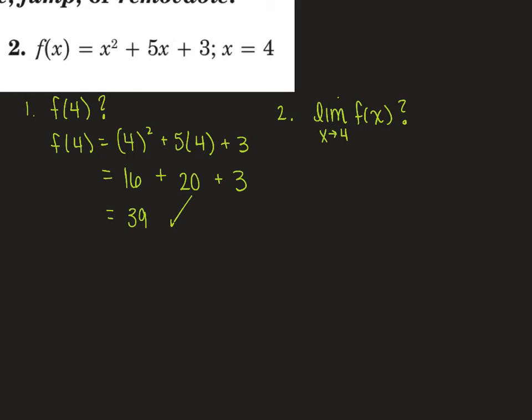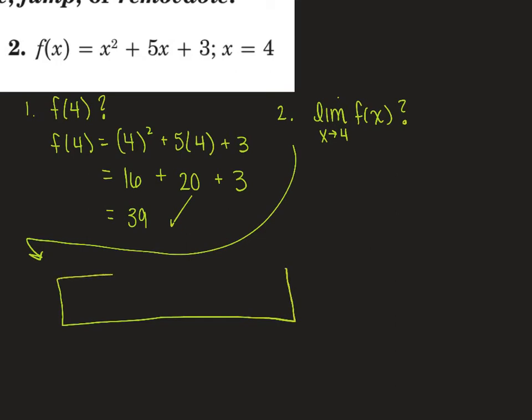You know what? I'm going to write this underneath. We're going to do this one down here so we can do it horizontally. So we can set up our table. We're going to put the number 4 in the middle. We're going to pick values that are close to 4 coming from either direction.